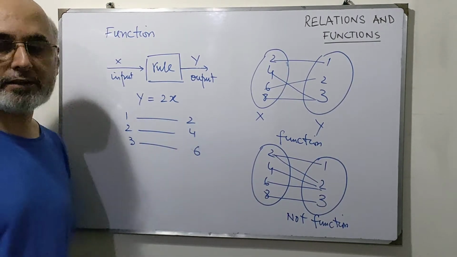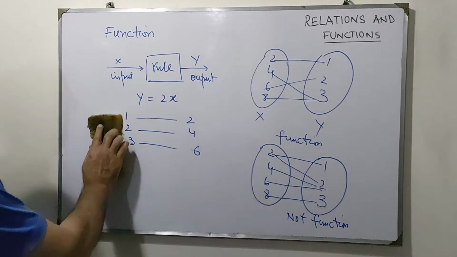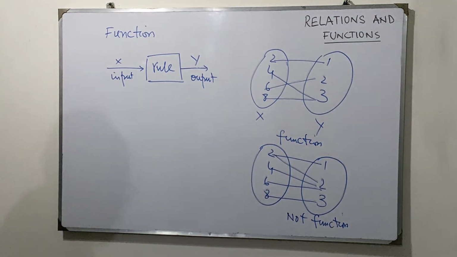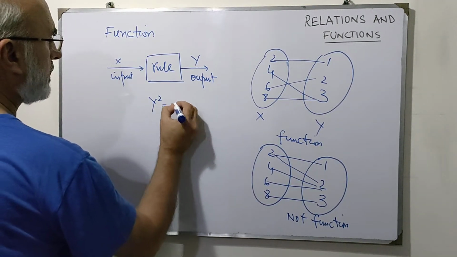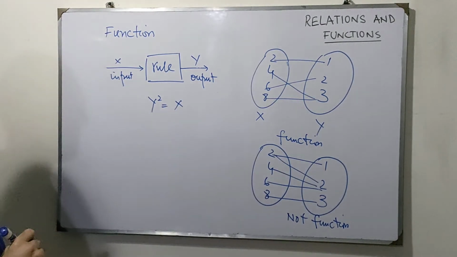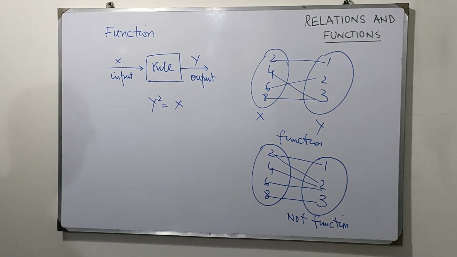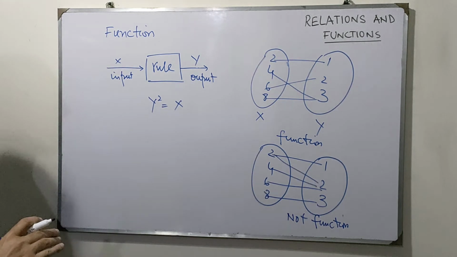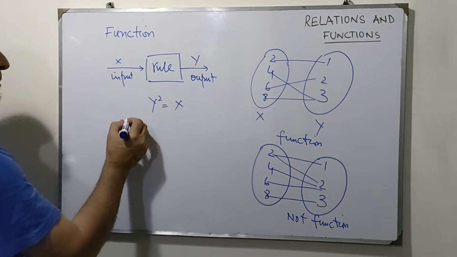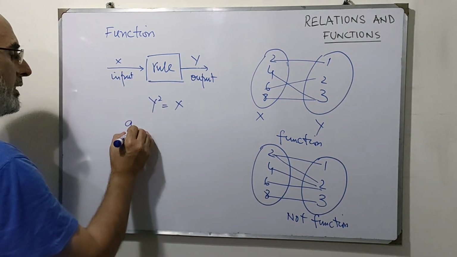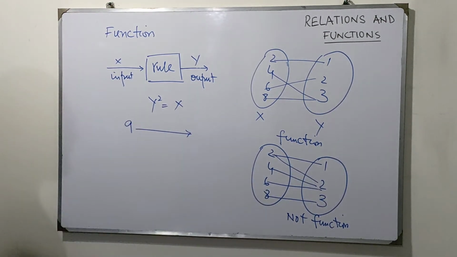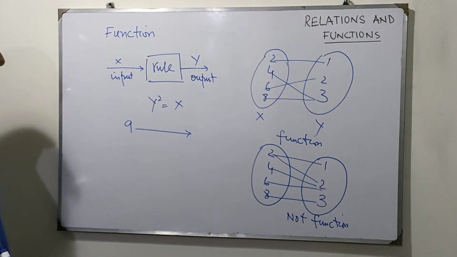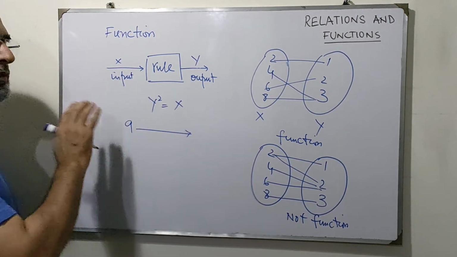Now let's take another example. y square is equal to x. For this, if I input 9 here, so y square is equal to 9.